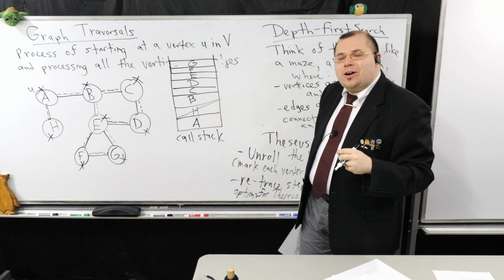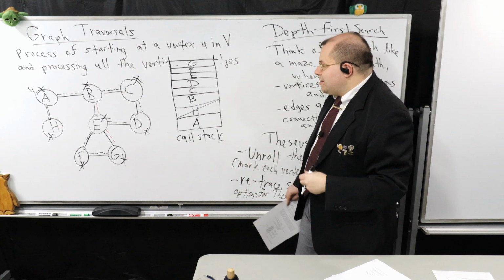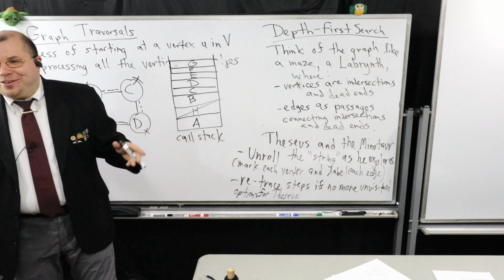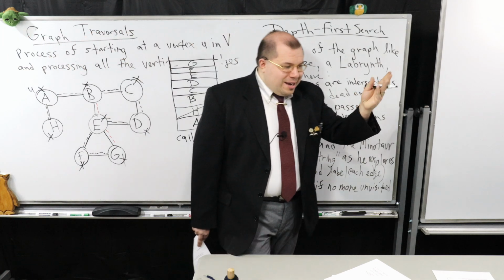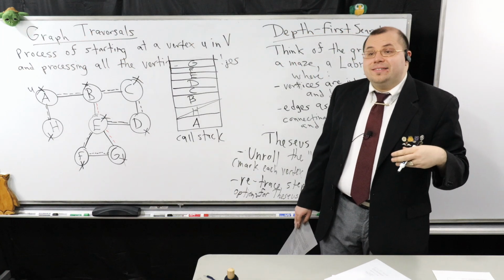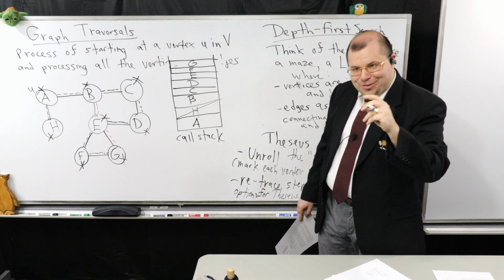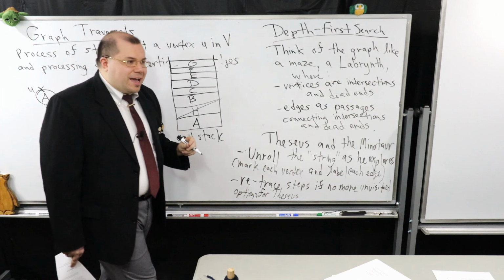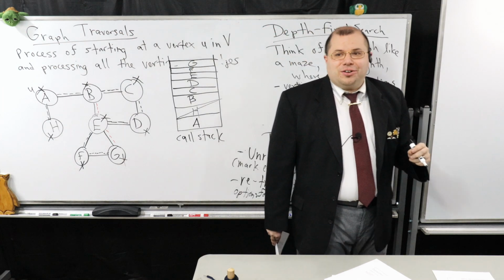So question, could we have gone to E instead of C? Yes, that is completely fine. That would be something you could totally do. The ordering of the edges I go and explore does not matter. Now, one caveat is that it depends on how you implement the graph.